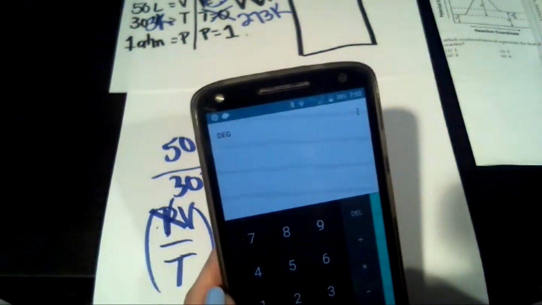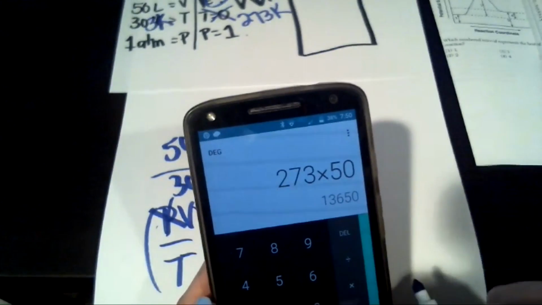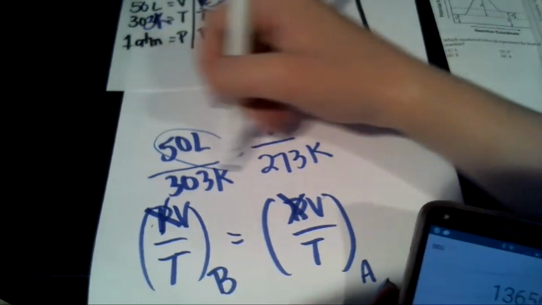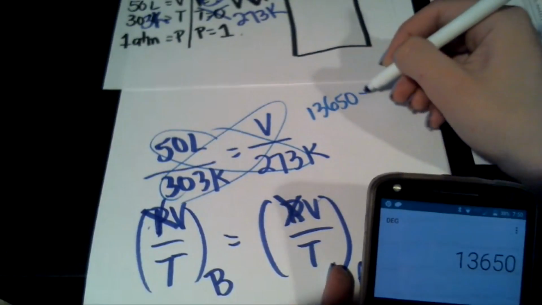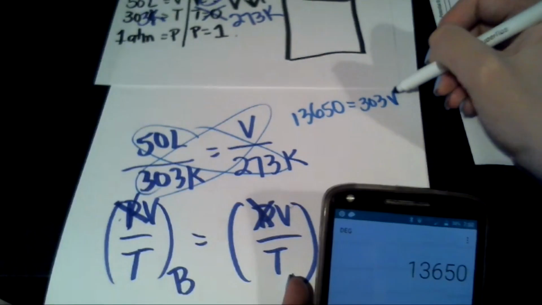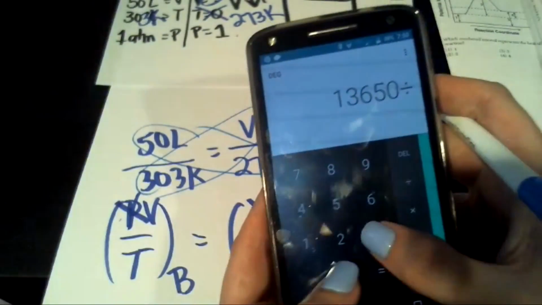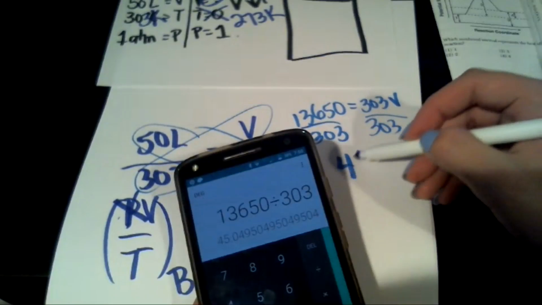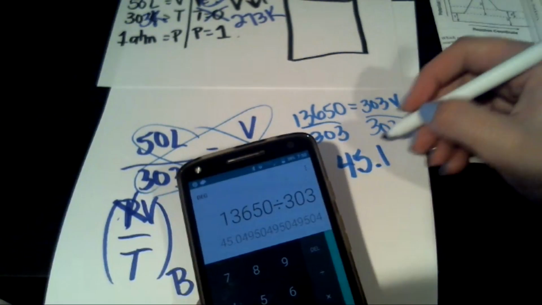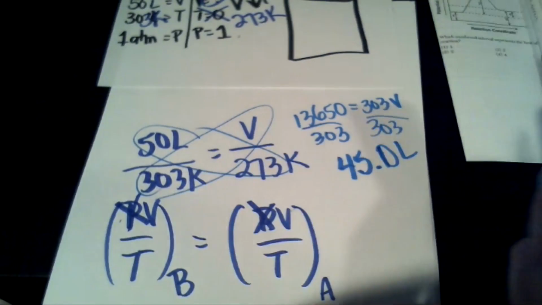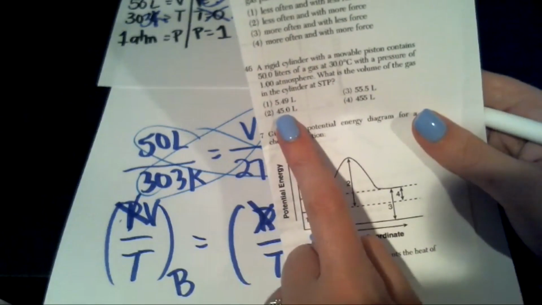I'm not a mental math genius, so I'm going to do it on the calculator. 273 times 50 is 13,650. That equals 303 times an unknown volume. Divide by 303, and here I would wind up getting 45.0 liters actually.